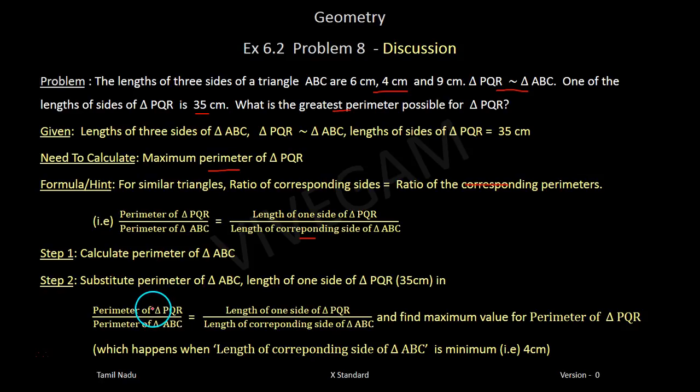So this is what we want to calculate, and this is equal to 19 into 35 divided by this. If this has to be maximum, the denominator has to be minimum. And the minimum of the three sides is 4 centimeter. That is the way we have to deduce it.